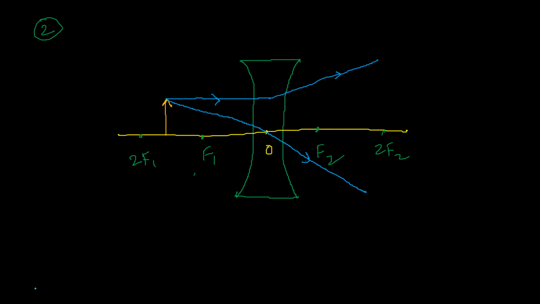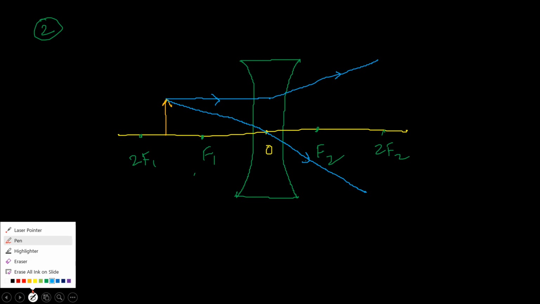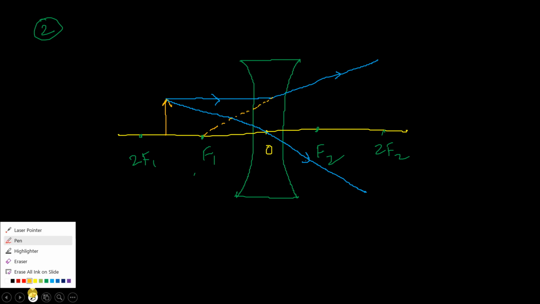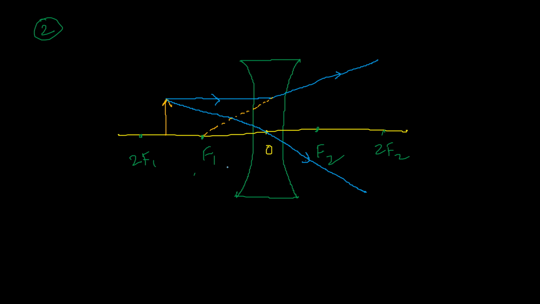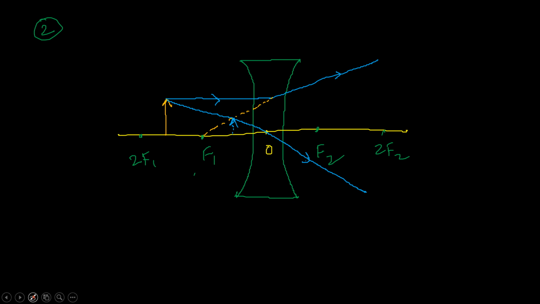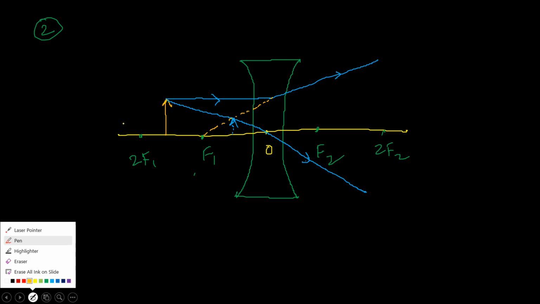If you extend the refracted ray, they will meet and the image will form between F1 and O. That will be a virtual, erect and diminished image.